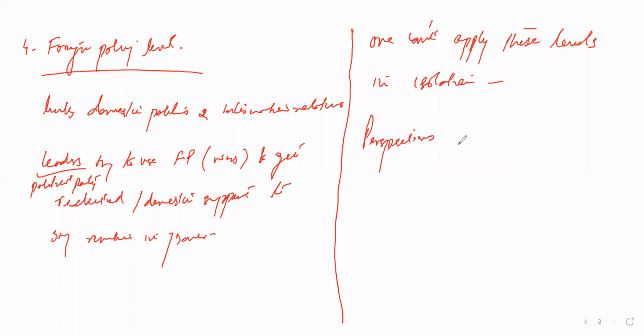In a few books, you would come across the word theories. It is only through the prism of theories or perspectives that level of analysis can work. Level of analysis can't work independently in isolation.